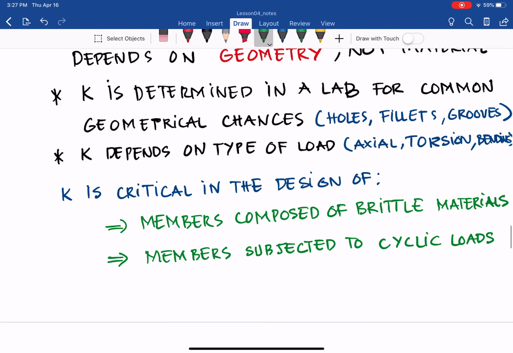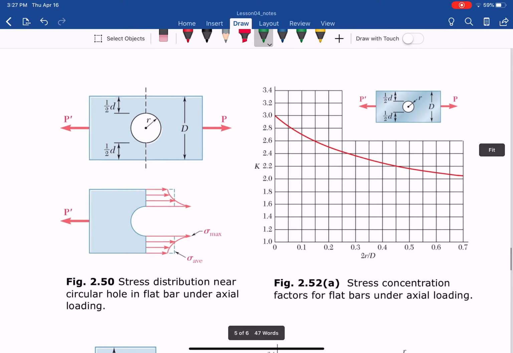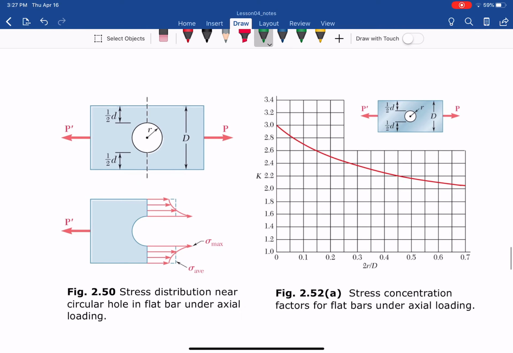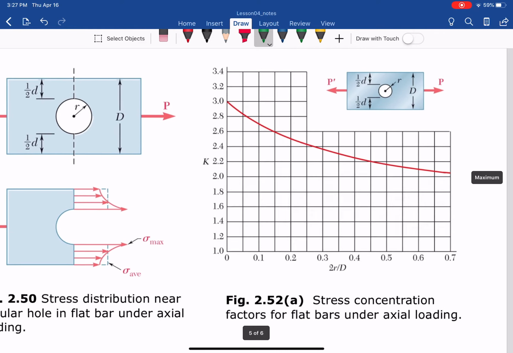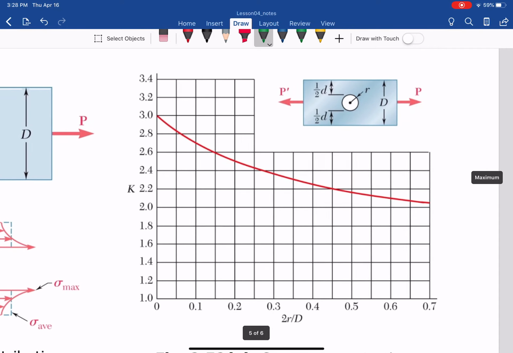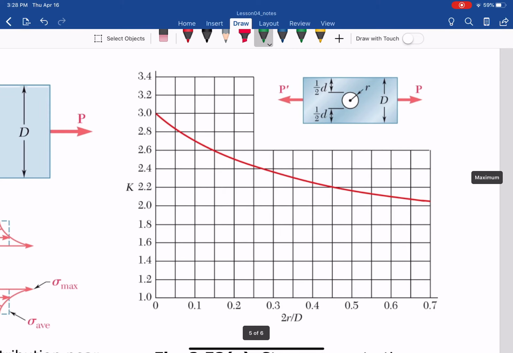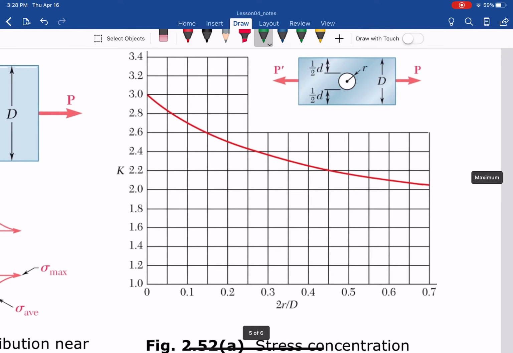Let me give you an example from the book showing how to use different K values. For example, here is the K stress distribution near a circular hole. It depends on the depth, the big depth D capital, and the small d, as you can see here, with the hole and the radius of the hole.